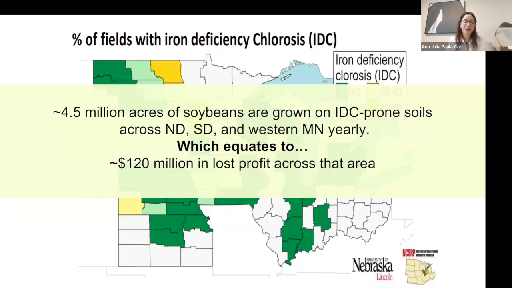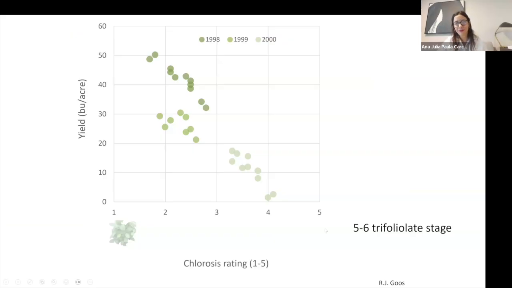All around South Dakota, North Dakota, and Minnesota, we're talking about 4.5 million acres of soybeans grown in IDC-prone soil. So it's a huge area. And this is more or less for you to have an idea of the economic impact: IDC causes about a 120 million loss every year just because of this deficiency.